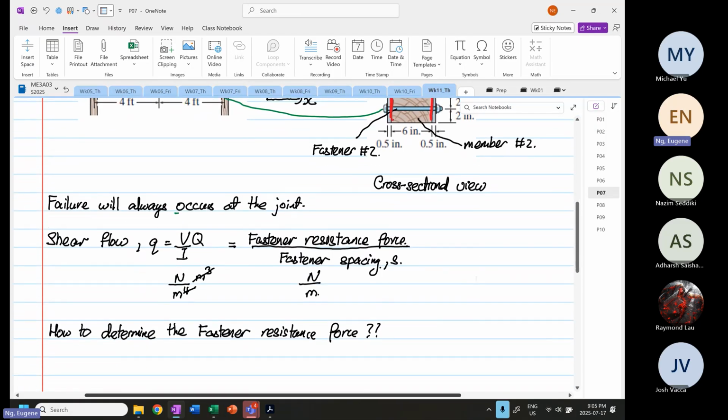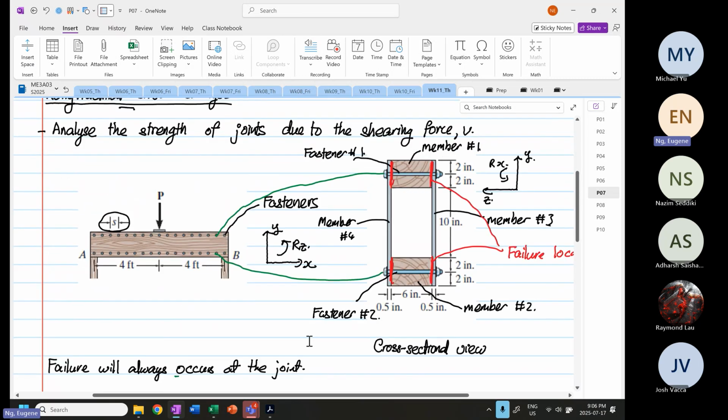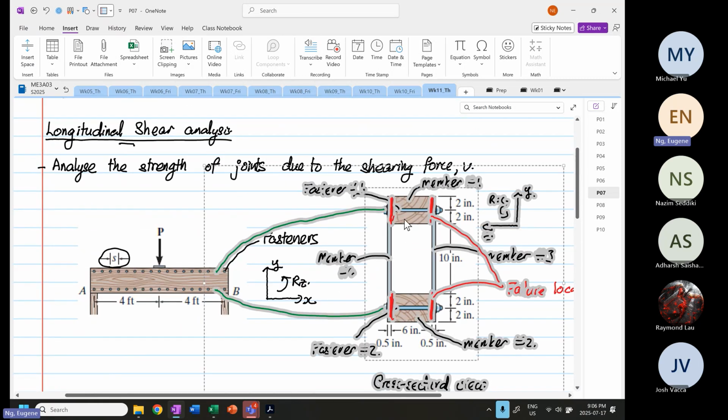Now before we go on, in order to analyze the shear flow, you also still have to design your shear flow. So I'm going to take this cross section and we are going to design our shear flow.